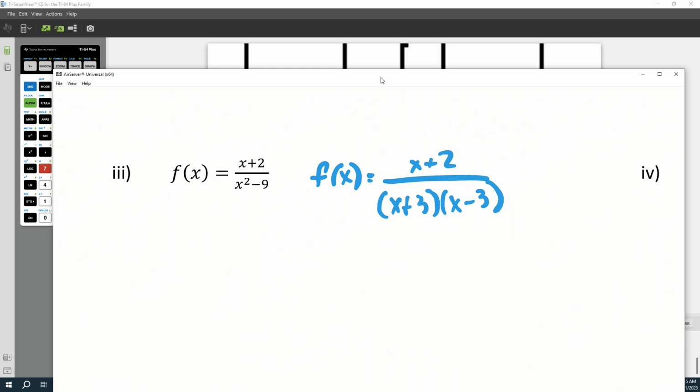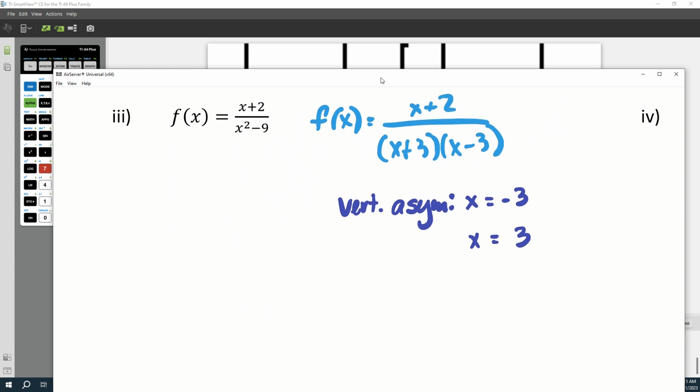And so when nothing cancels, those are both vertical asymptotes. So there's actually 4 limits we're going to have to find on this one.